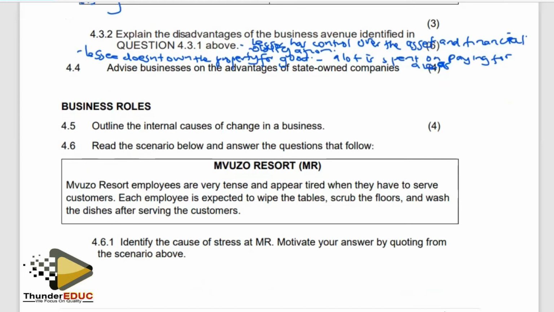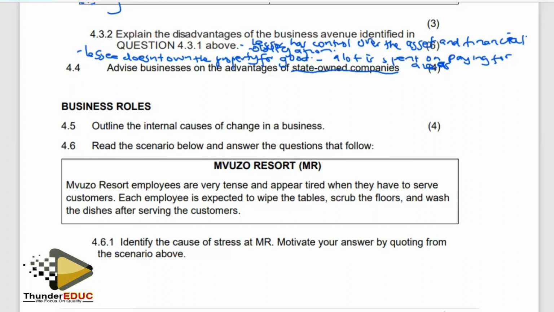Okay, let's look at another question here, which requires us to advise a business on advantages of state-owned companies. Reminder, the major key aspect in the question is state-owned companies.